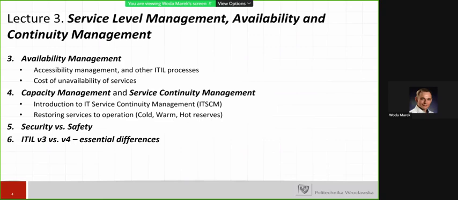And then we'll briefly mention some aspects of security and safety in the form of the comparison of what is what. And the last point from that lecture would be some basic differentiators between ITIL v3 and v4.